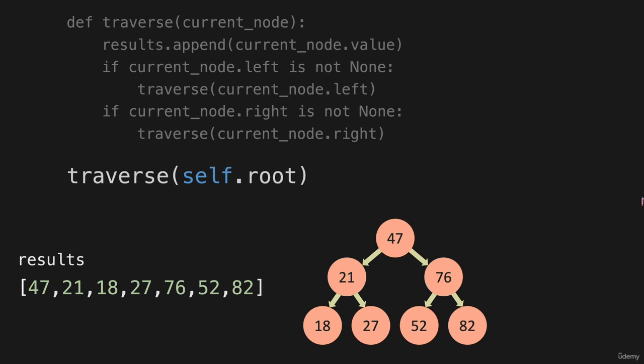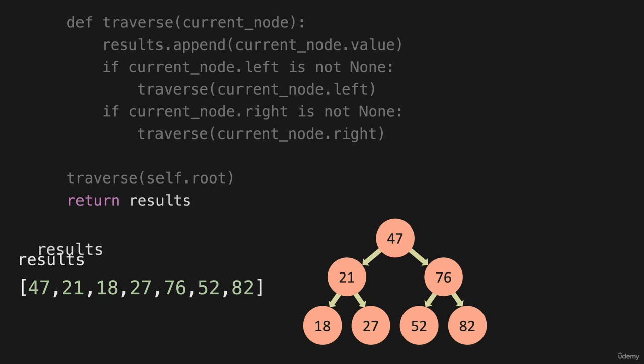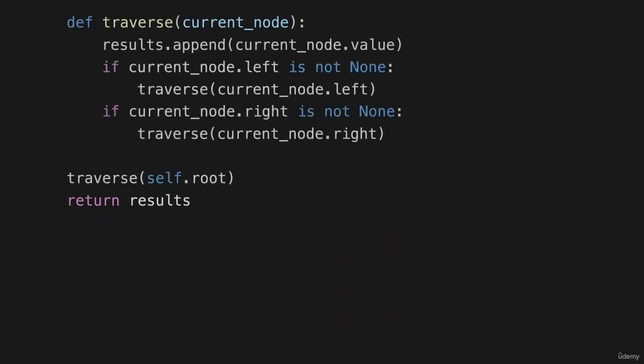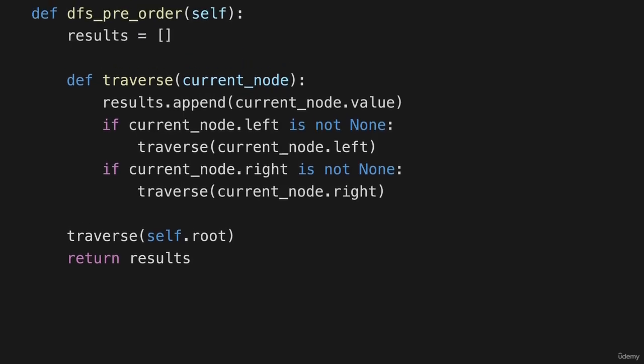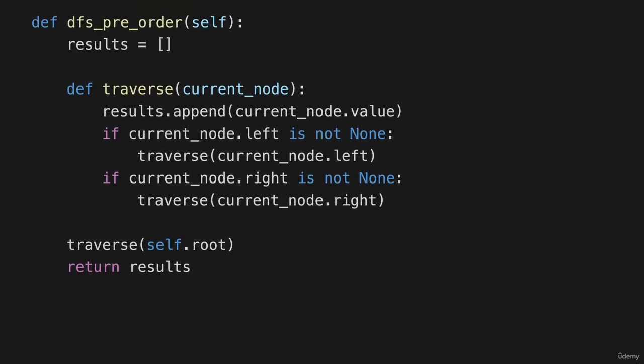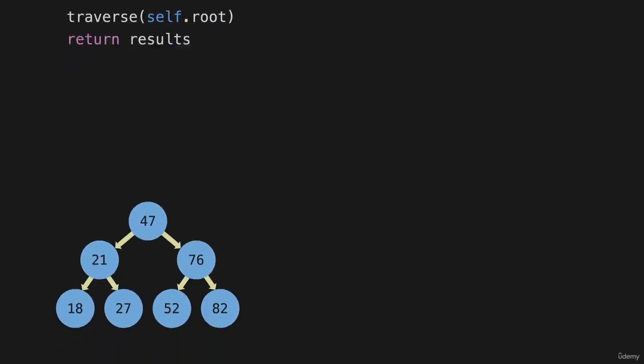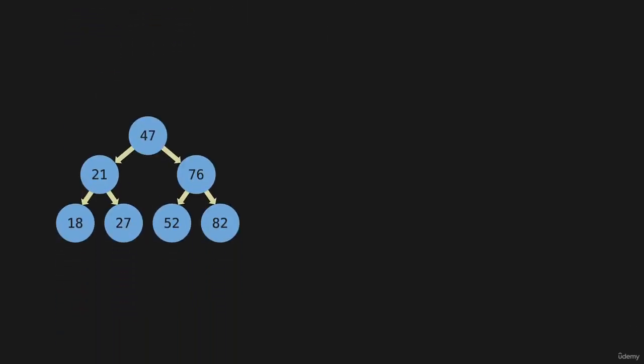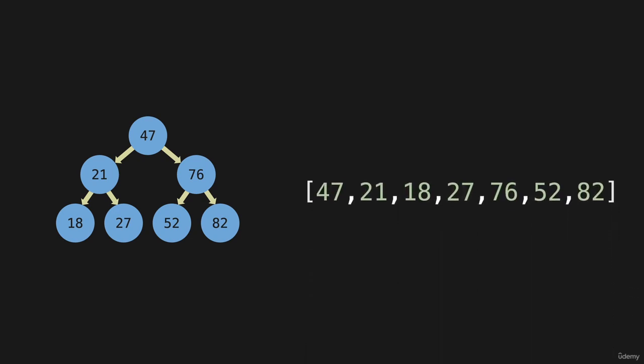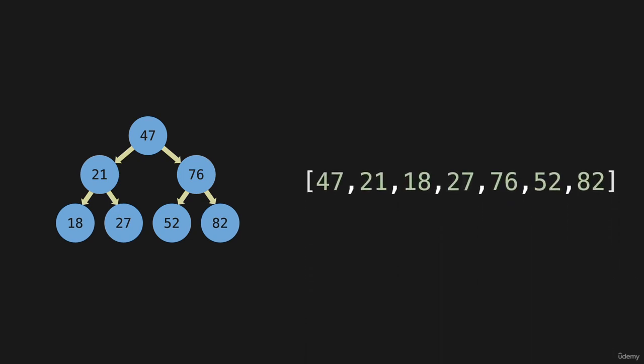Now the only thing left to do is return this results list. So now let's look at this with the rest of our code like this. And that is the entire method. So we'll look at this code in a moment in VS Code, and we'll build this tree. And when we run this, we would expect to get this list returned.